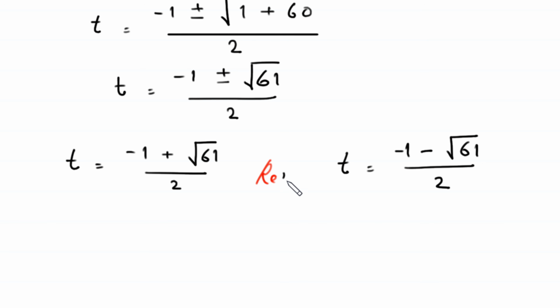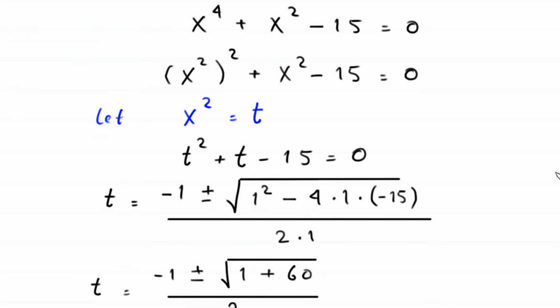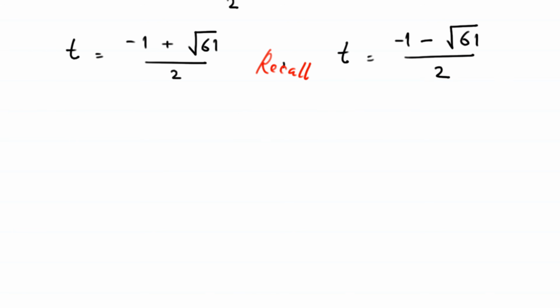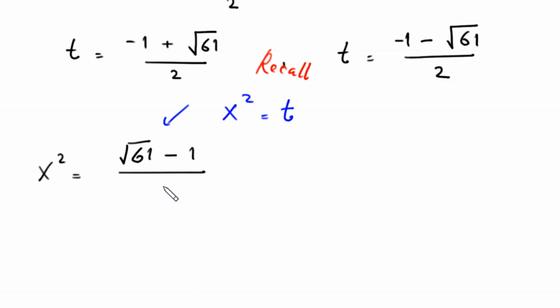Now recall that we have supposed that x squared is equal to t. When t is equal to this expression, then x squared is equal to negative 1 plus root 61, which is the same as root 61 minus 1, divided by 2.